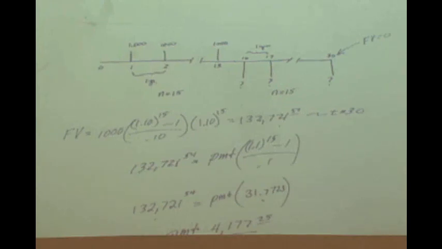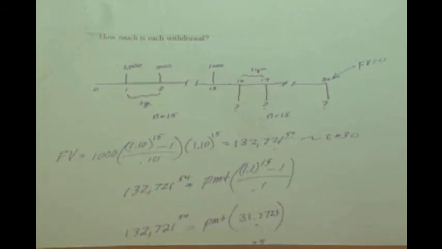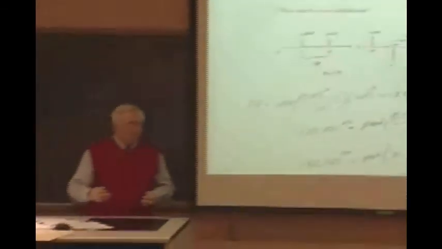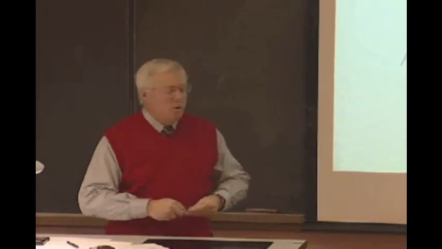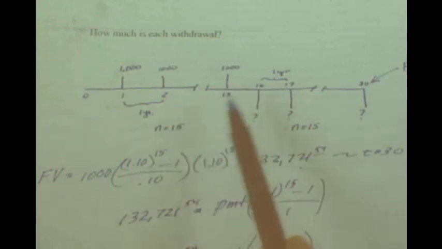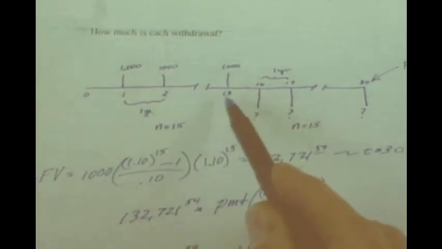Now, this type of problem, where the money going into our savings account or whatever is equal to the money coming out, if it's 0 here at time 30, we can consolidate at any other point in this timeline. The money going in has to be equivalent to the money coming out. So I could have picked a consolidation point.